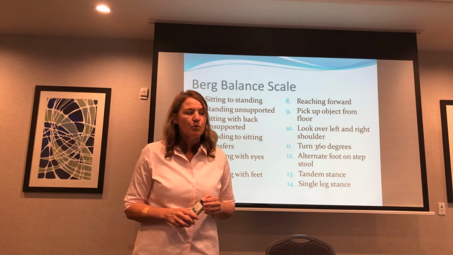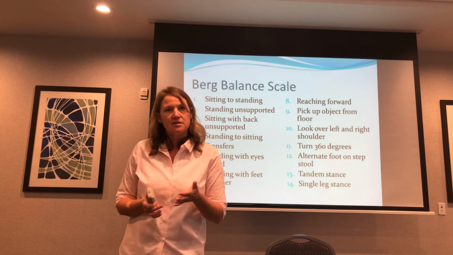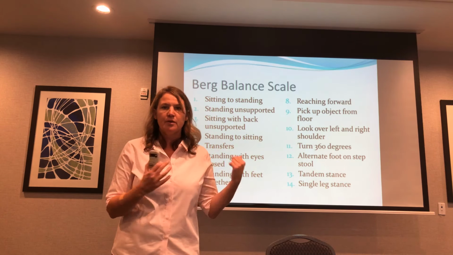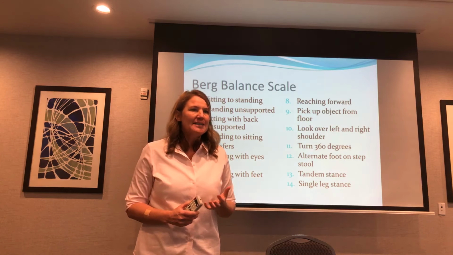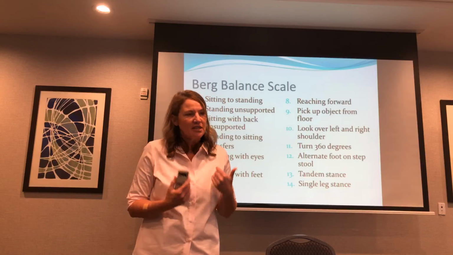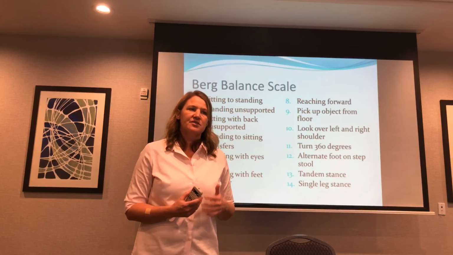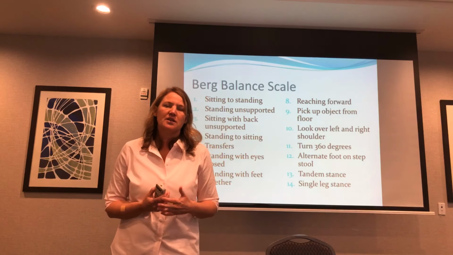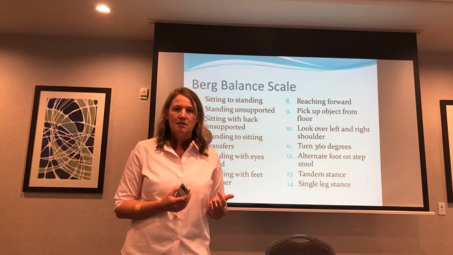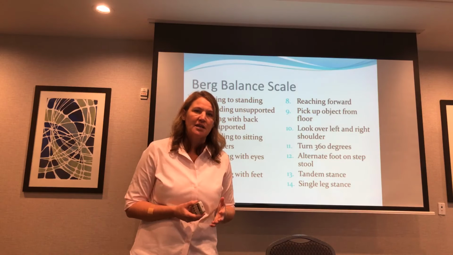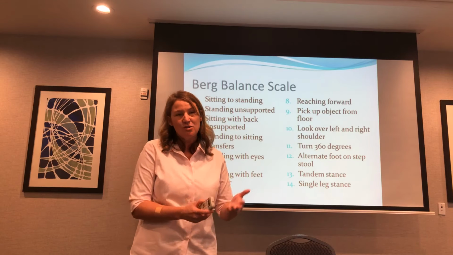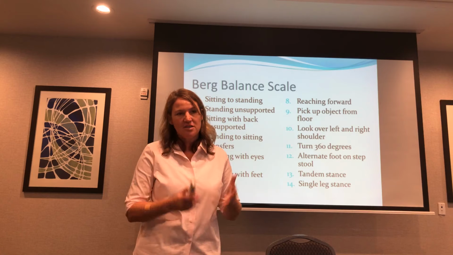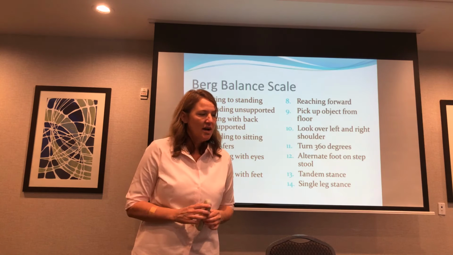Sitting with their back unsupported: if they do the stand unsupported and get the full score, you skip the sitting one, at least that's the instructions. Personally, I still want to see them sit, because sometimes the balance may be okay but it's asymmetrical, or there's something about it that I find meaningful. So I still want to observe them in a sitting position.